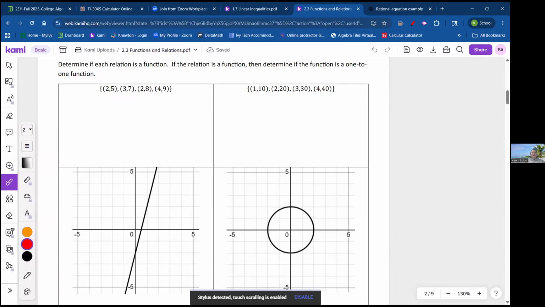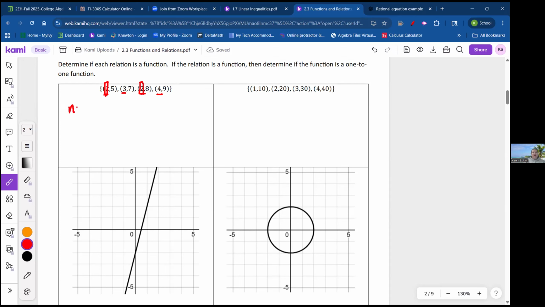Okay. So first off, is it a function? It can only have one of each individual x value. If there's more than one x value that is the same, it's not a function. So I've got 2, 3, 2, 4. I've repeated the 2.